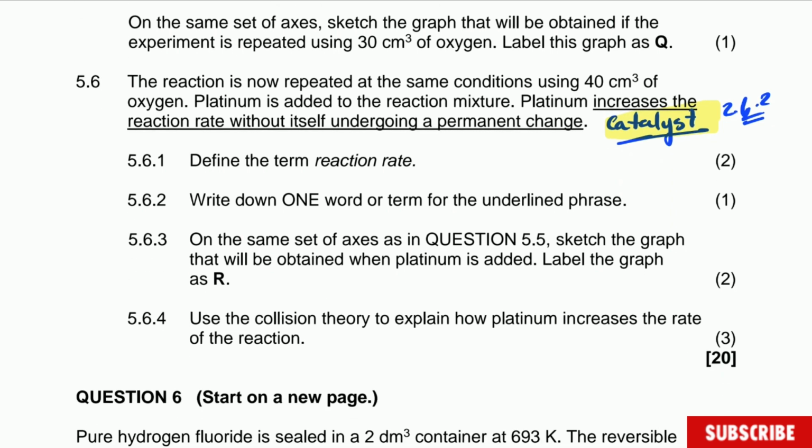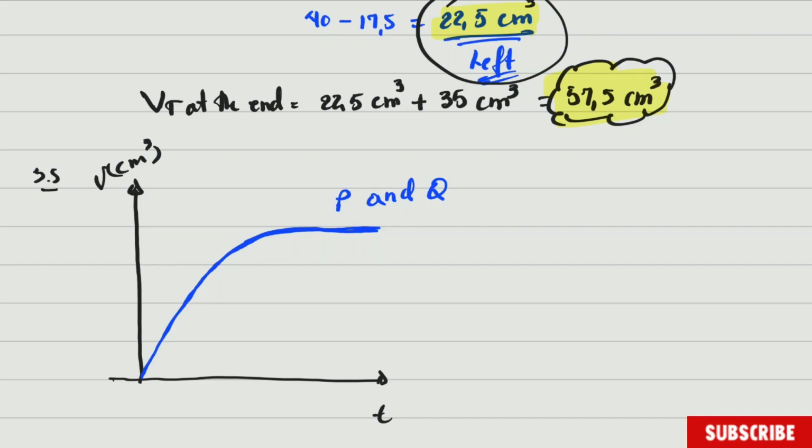Let's go to 5.6.3, and we are going to do it together with the 5.5. So this one is going to be 5.6.3 as well. So now they add in a catalyst. So what does a catalyst do? It increases the rate of the reaction. Now, nothing else changes, but the rate increases.